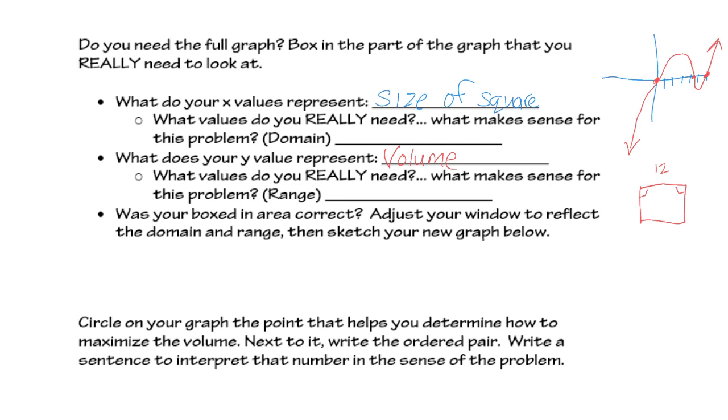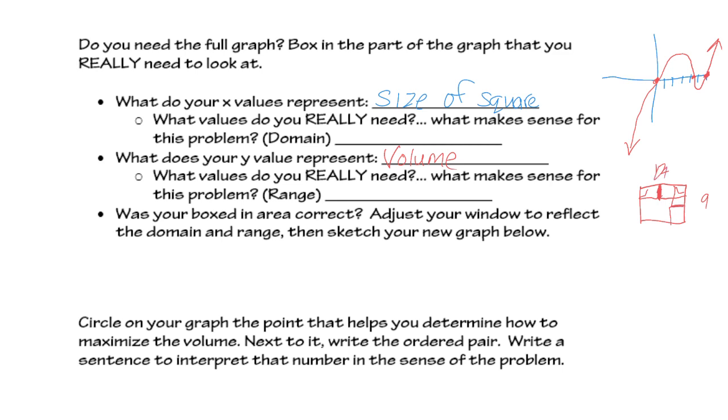Would it make any sense to let this square get bigger than 6? Because here you are. You end up with a square of size 6. These are going to end up merging, and you're not going to have any flaps at all. So that's why this becomes problematic. And it works the same way here. Think about that 9. You can't go any bigger than 4.5 on either side because it merges.